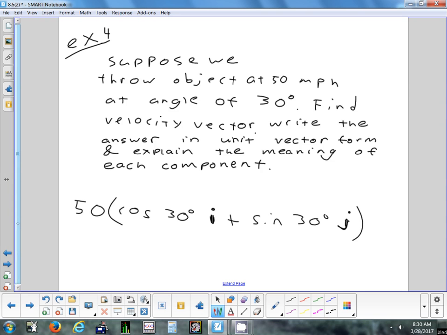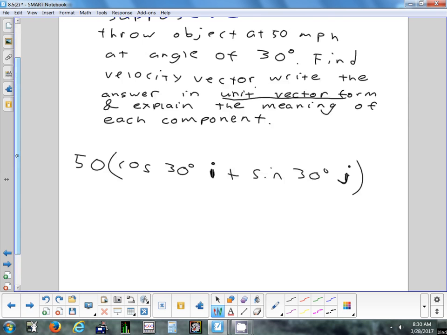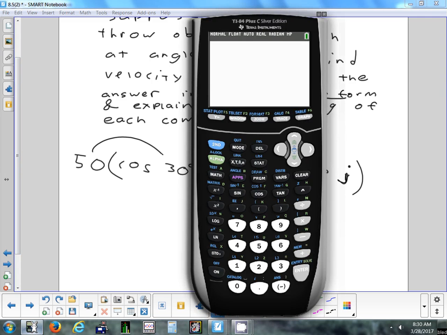Okay. And since they asked for the answer in unit vector form, we have to distribute and do this out. So what would be the calculation I have to do to get the horizontal component? 50 times cosine 30. So we'll just type that in. Make sure you are in degrees.